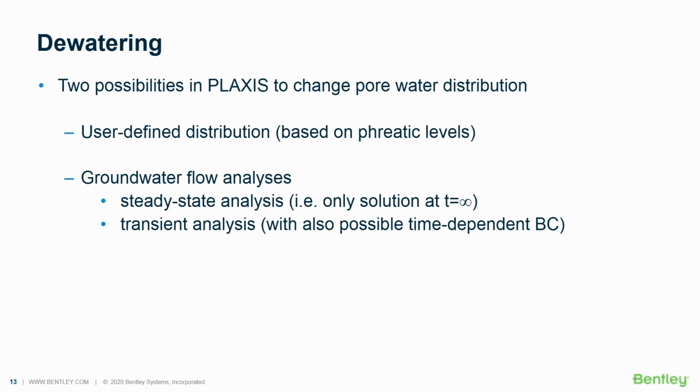And next to that, Plaxis offers the possibility to also compute the pore water distribution field by means of groundwater flow analysis. Steady state most of the time. Transient analysis is also possible, but you need to be working in that case in the framework of a fully coupled analysis. But you also have the possibility to update the pore water distribution in your model through groundwater flow analysis.